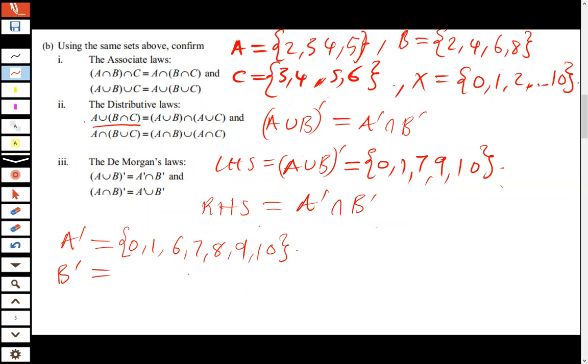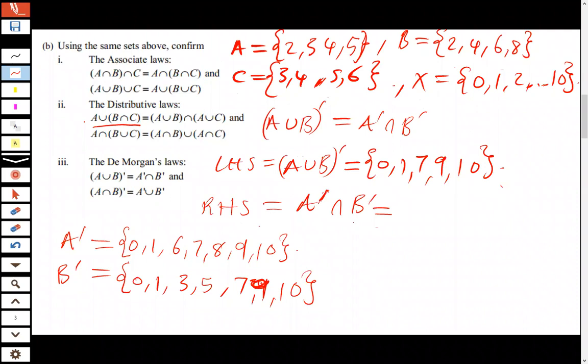That is our A complement. Let's also find B complement. In B we have 2, 4, 6, 8, so B complement will simply be 0, 1, 3, 5, 7, 9, and then we have 10.